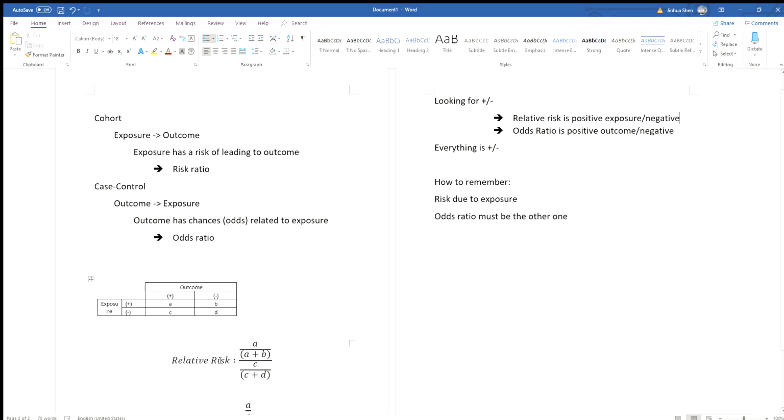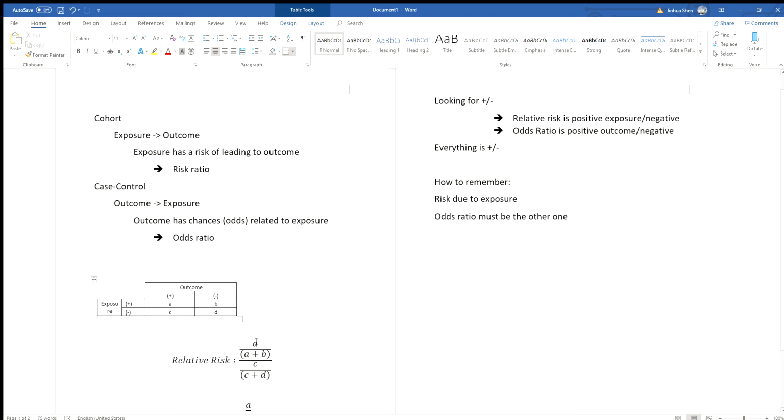If you look at the relative risk equation, you see A over A plus B, which is this horizontal line here, over C divided by C plus D, which is the horizontal line here. And as I said before, it's always going to be a positive divided by a negative, the top divided by the bottom. If you can remember that risk is due to exposure, then it's going to be the top divided by the bottom.